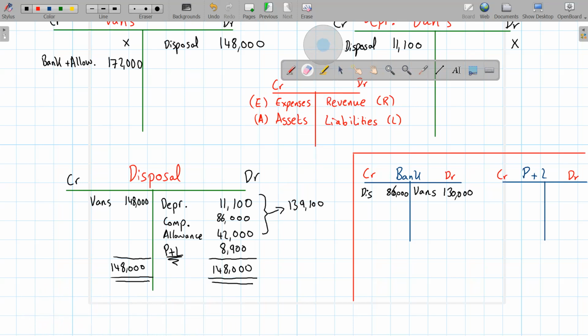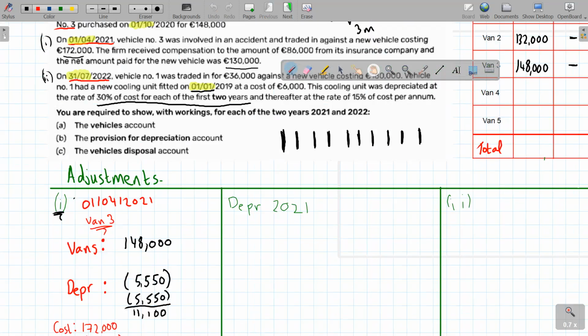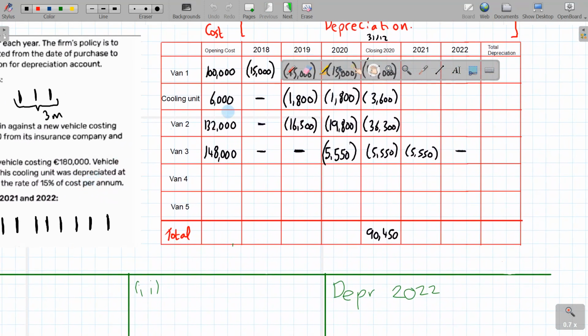So that can then be brought over to our table. So we bought van 4 for 172,000. Now, there's obviously no depreciation in any of these years because we only bought it now.